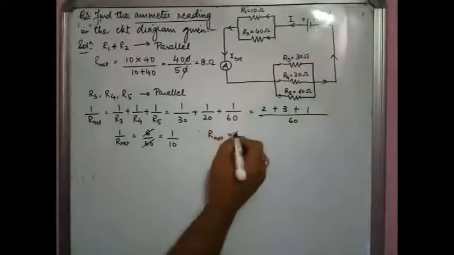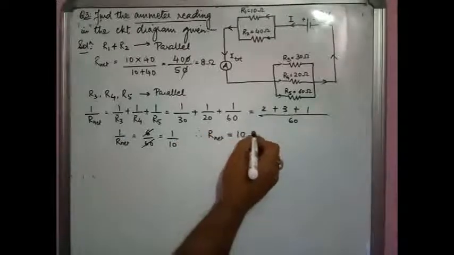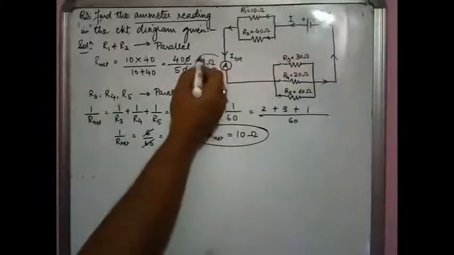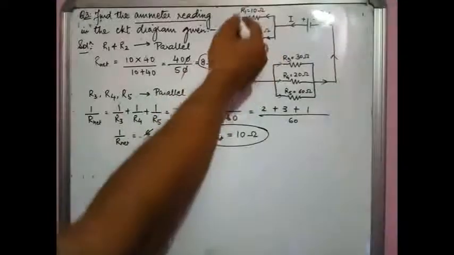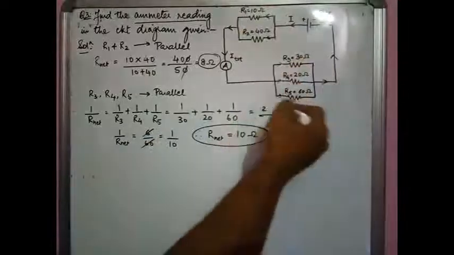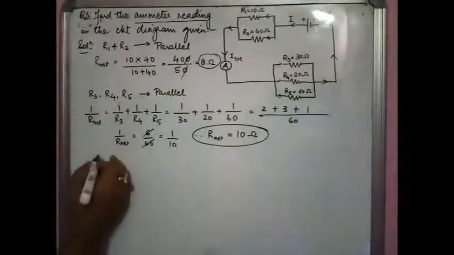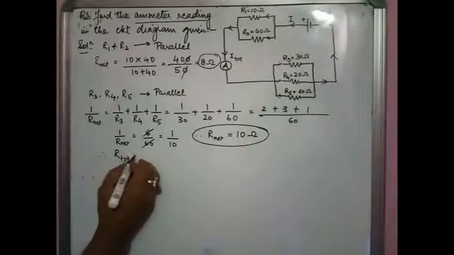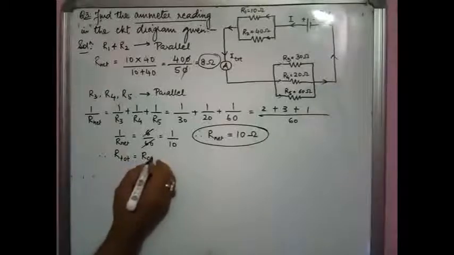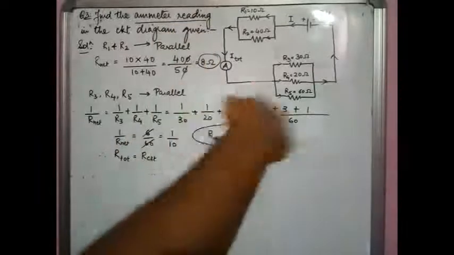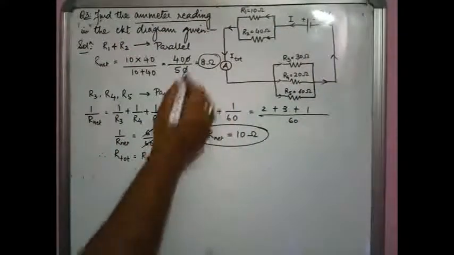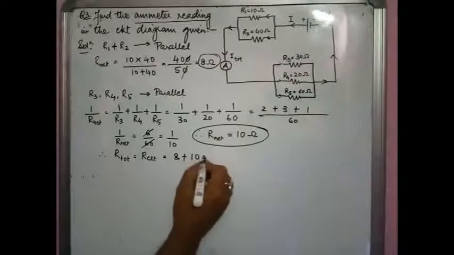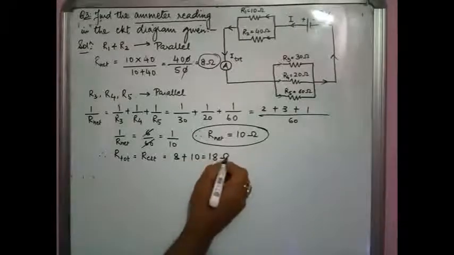So R net is equal to 10 ohms. Here the value was 8 ohms for this portion, and for this portion it has come out to be 10 ohms. Therefore R total, or the overall resistance of the circuit, will be this 8 plus this 10, which gives you 18 ohms.